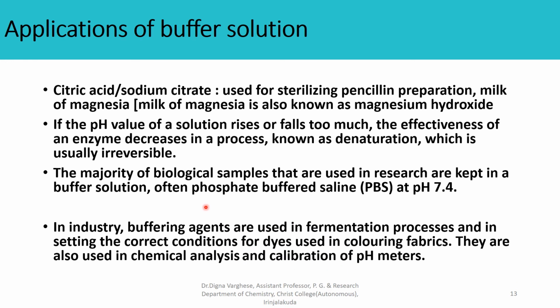In industry, buffering agents are used in fermentation processes and in setting the correct conditions for dyes used in coloring fabrics. They are also used in chemical analysis and calibration of pH meters.